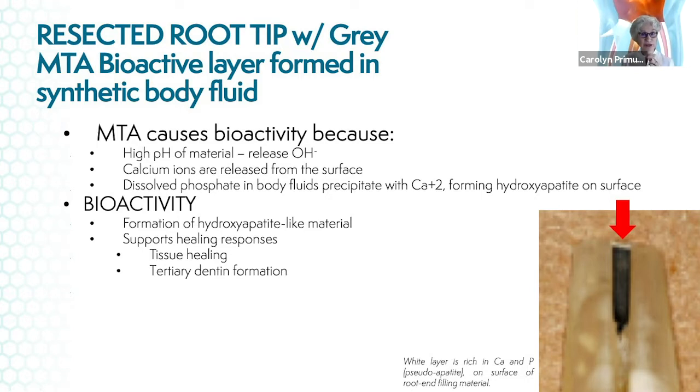And after a few days, we sectioned it sagittally, and you can see this white layer that's present on the tip over the gray material, which is the MTA, and that is the hydroxyapatite that's formed on the MTA. So it's just like that diagram that I showed you, and it has some benefits for helping the body heal, in this case, the apical tissue.